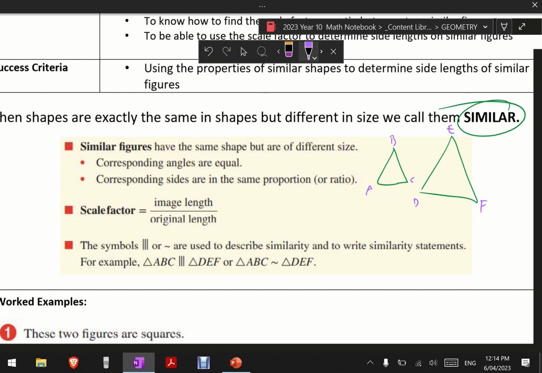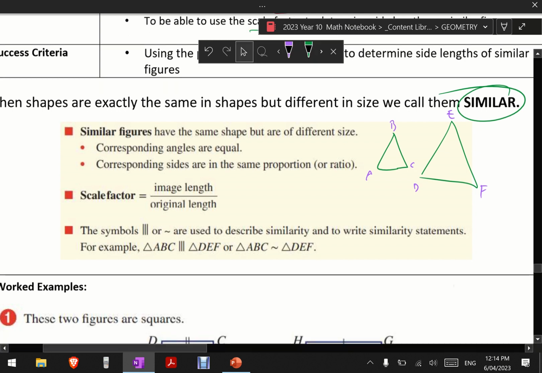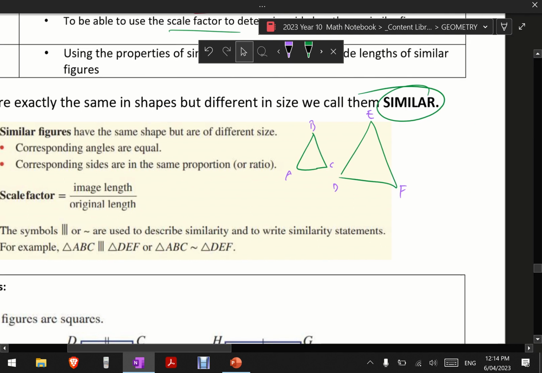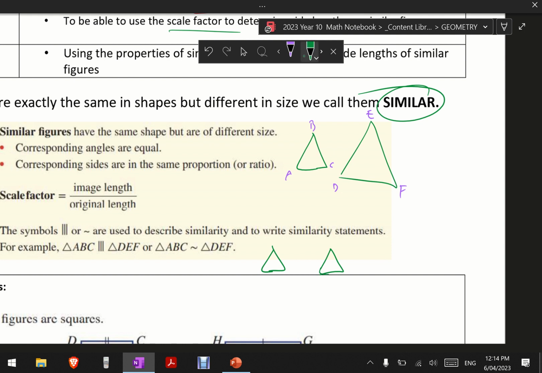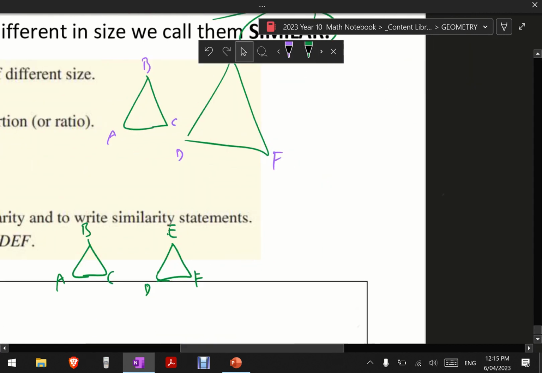Now, you'll remember in congruency, we had statements as well to prove that something is congruent. For example, if I drew, let's just stick to our triangles, and another triangle like that. Let's say for simplicity's sake that they are congruent, so A, B, C, D, E, and F. Remember the statement we used to prove that they're congruent.